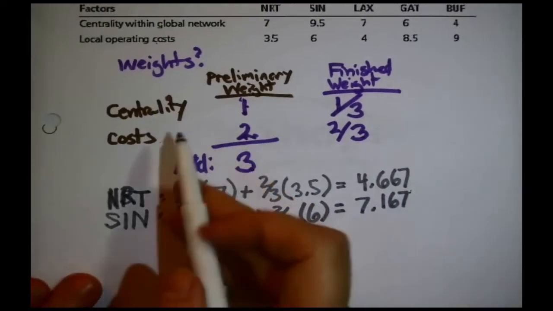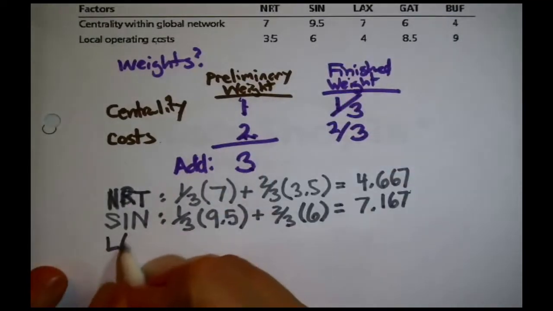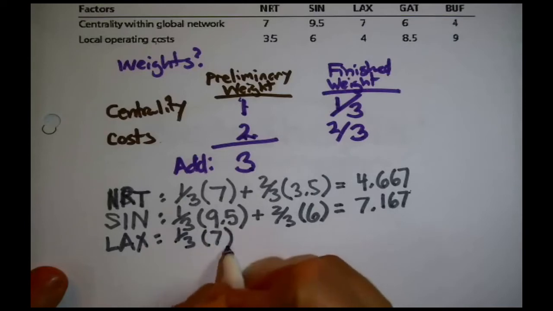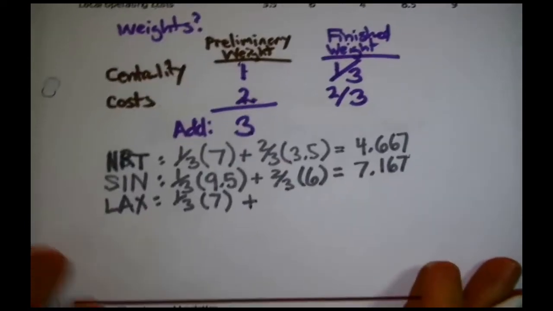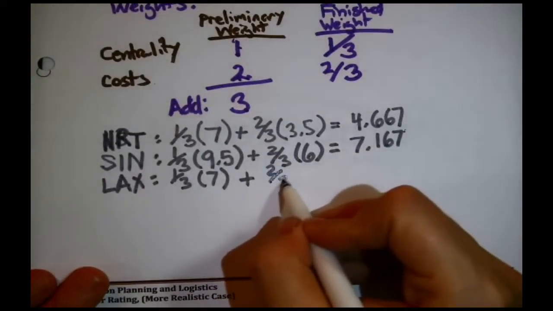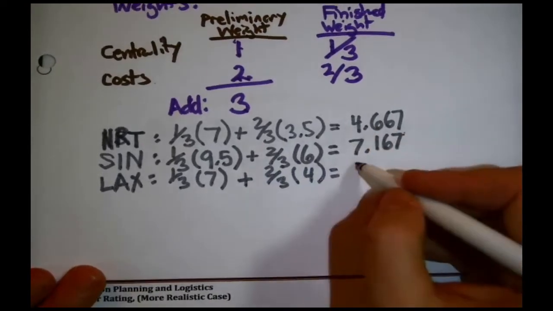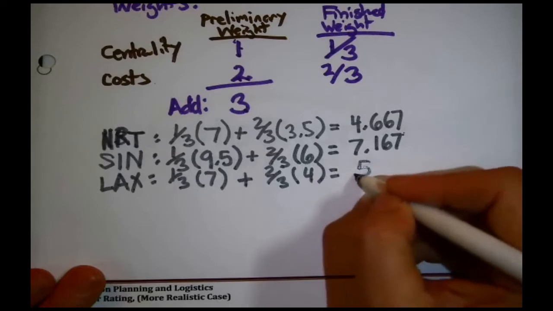Okay, and we just have to do it for each one of them. LAX in Los Angeles, 1/3 times 7, because that's its score for centrality, plus 2/3 times 4, that's its score for operating costs. I get 5.